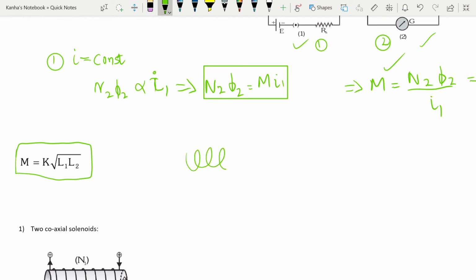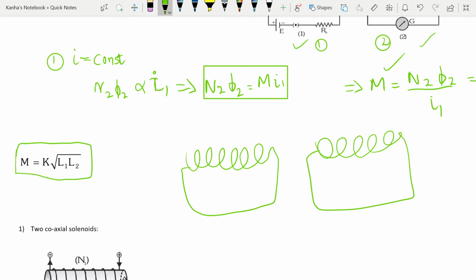This is the condition where the first coil is attached to some circuit and another coil is attached to some circuit. This has inductance L1, this has inductance L2, and the mutual inductance is M. Then you have the factor K, which is known as the coupling factor between the two coils. So K is that constant.